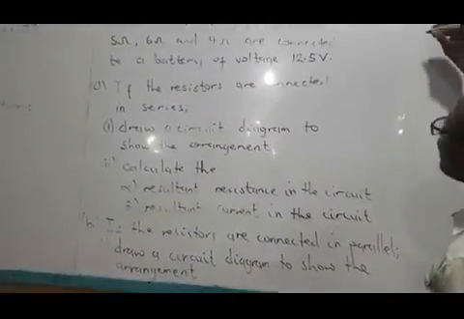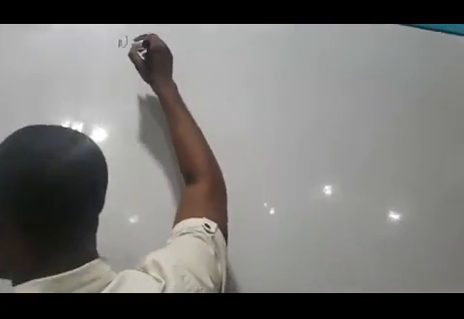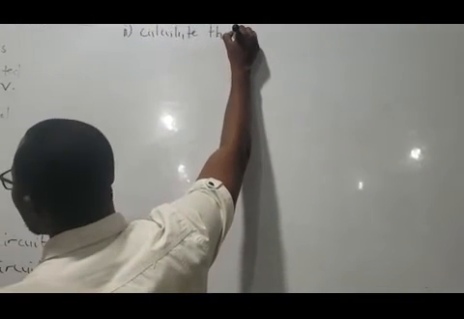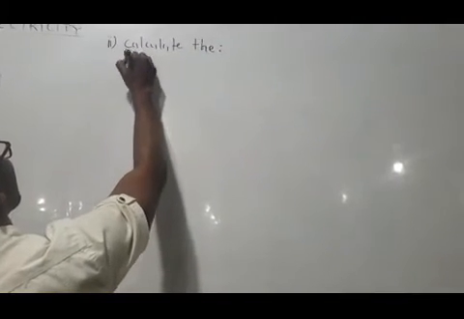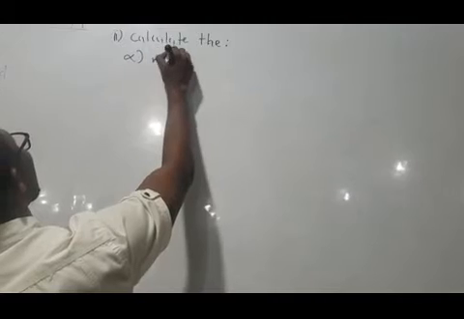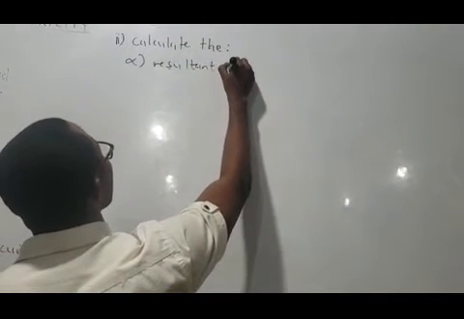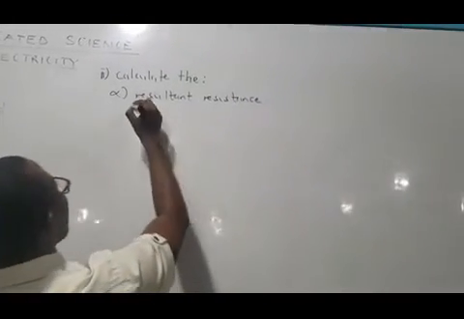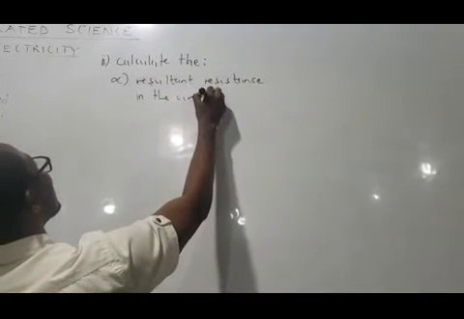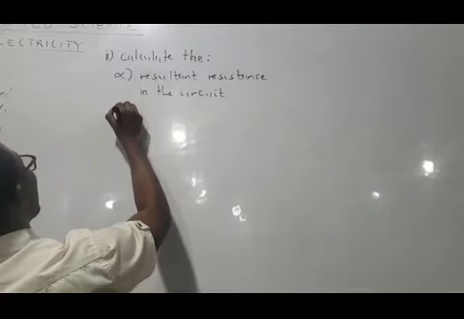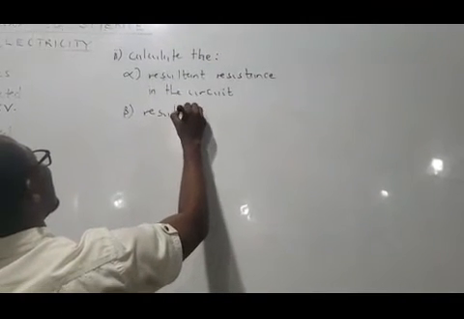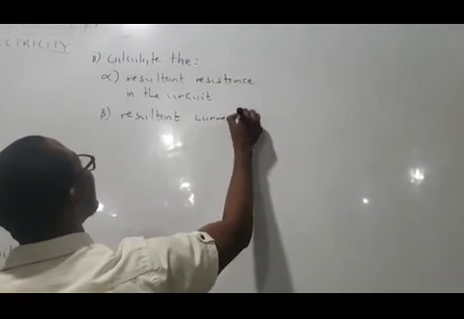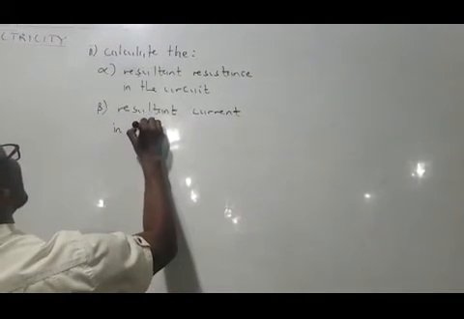Then calculate the resultant resistance in the circuit, and then the resultant current in the circuit.